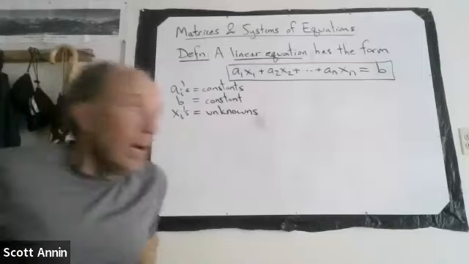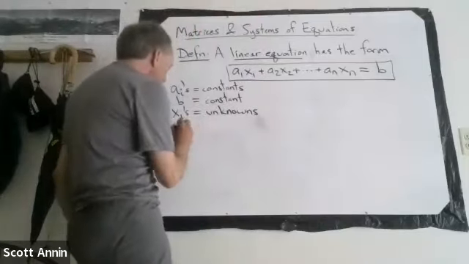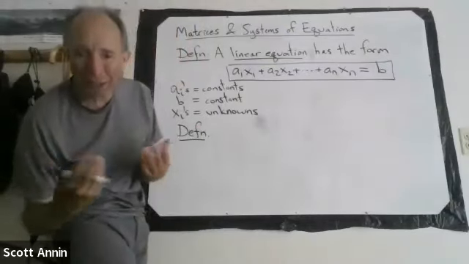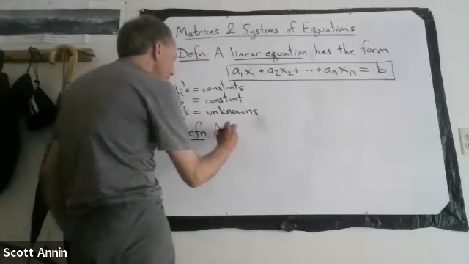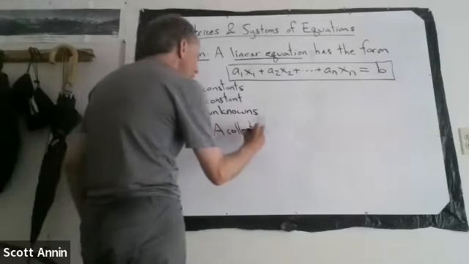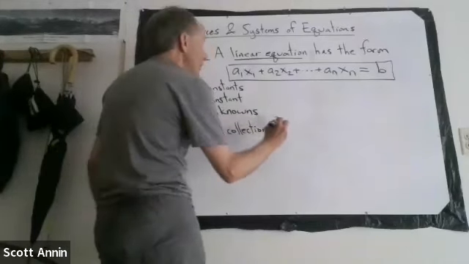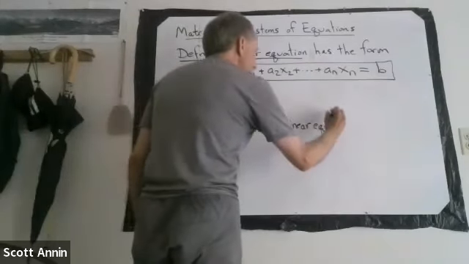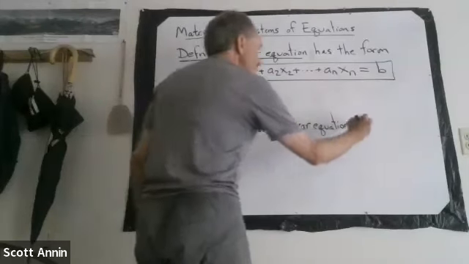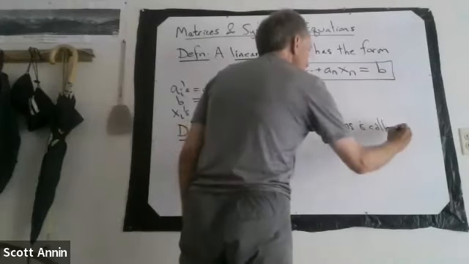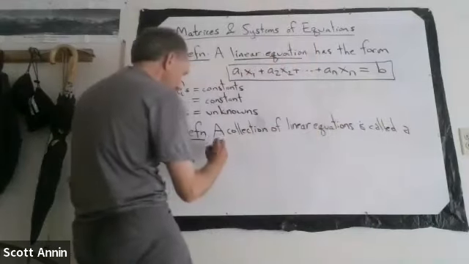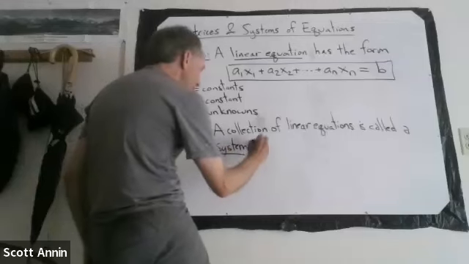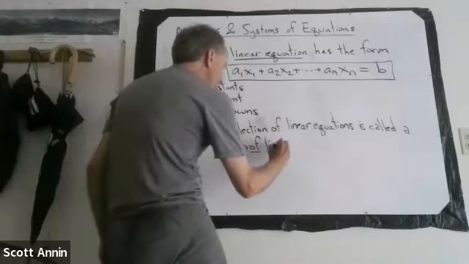Okay? Of course, we will generally not just be interested in one linear equation, but an entire collection of them. And as another definition here, a collection of linear equations is called a system. So you see the word system up here. It is called a system of linear equations.